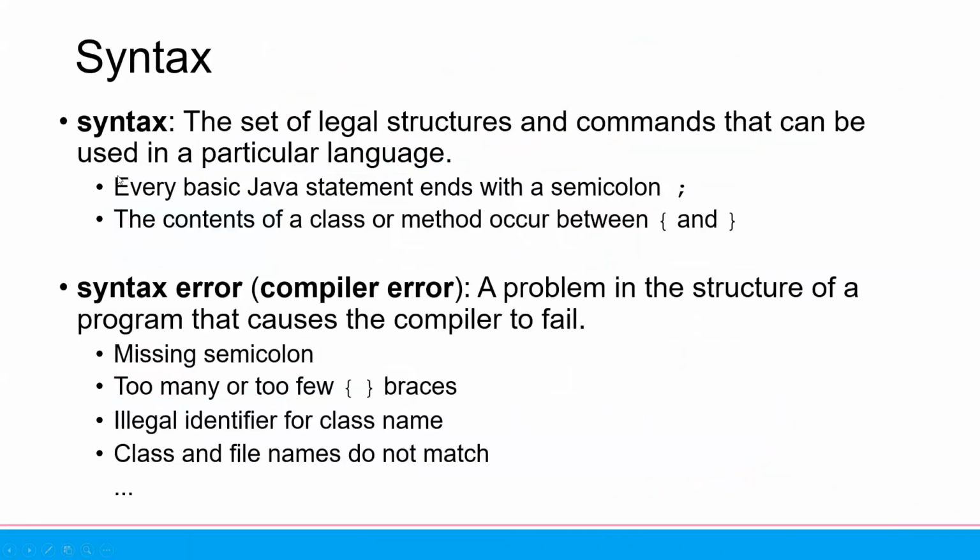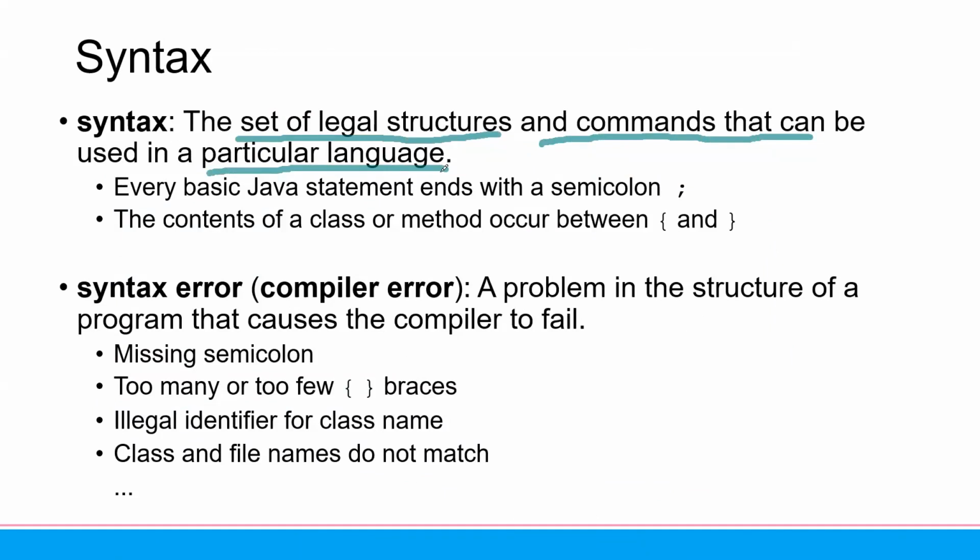In Java, we need to understand the syntax. What is the meaning of syntax? It is the set of legal structures and commands that can be used in a particular language. Like when we learn a language such as English, we have grammar.